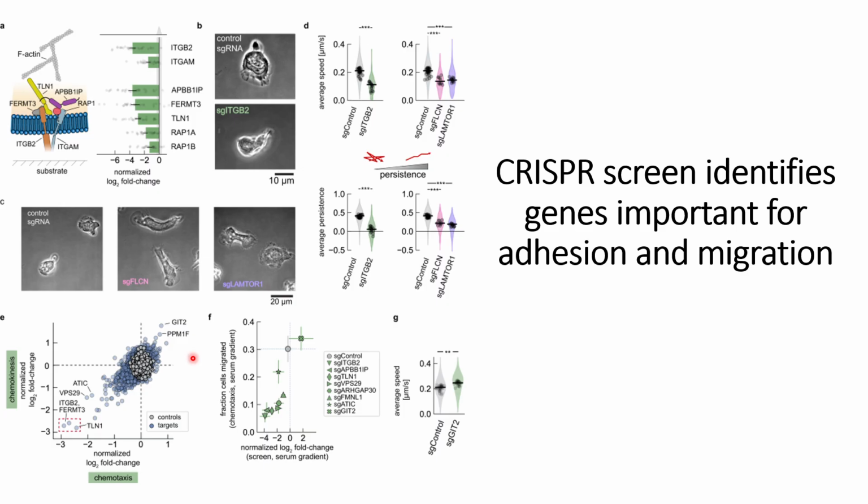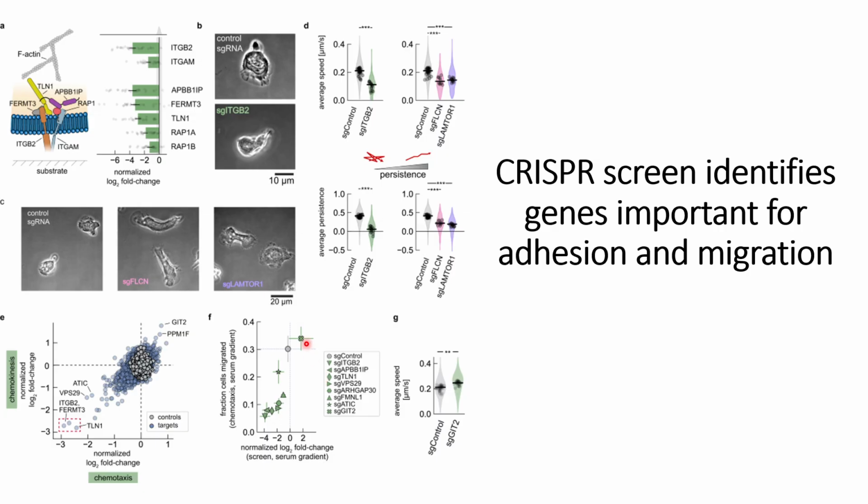Thereafter, they checked the chemotaxis relationship with the serum gradient, or chemokinesis relationship, for some of the individual knockouts that they made based on the results they saw from the chemokinesis and chemotaxis relationship.